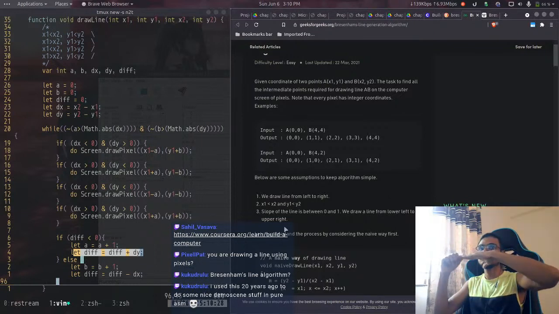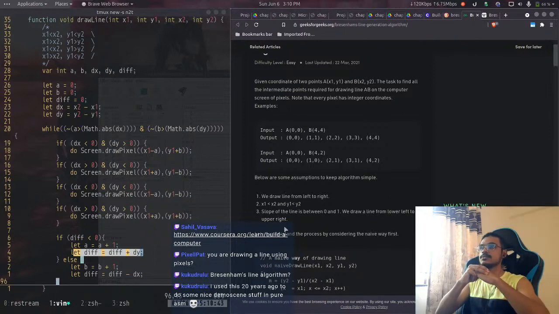This will have a slope of 0. The slope is y2 minus y1 upon dy upon dx, right? So we will have a positive slope if y2 and x2 both are greater.